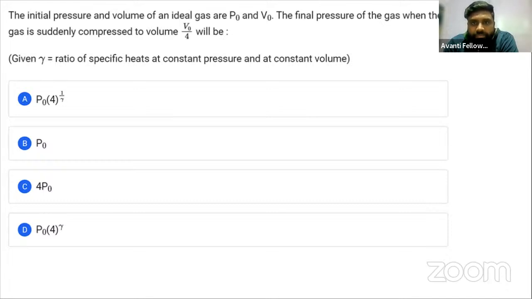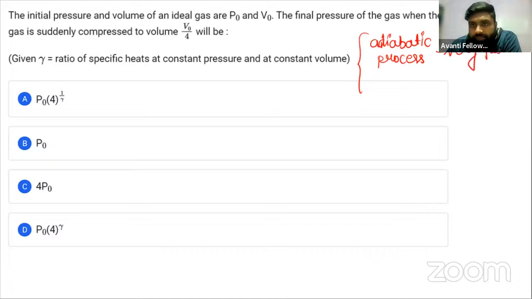The final pressure of the gas when the gas is suddenly compressed to volume V naught by... Now, whenever there are two processes, isothermal and adiabatic, the adiabatic process is very fast.